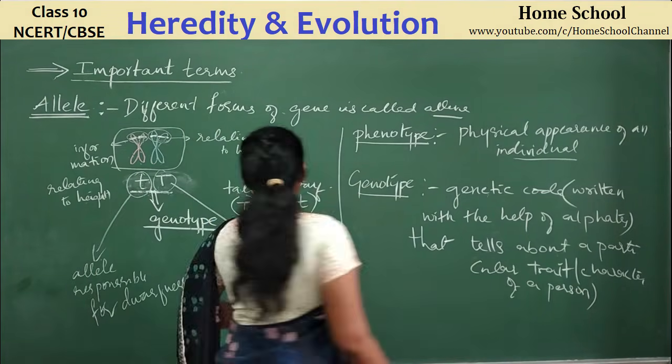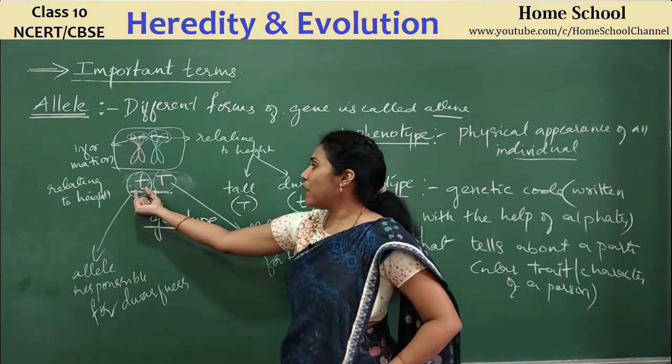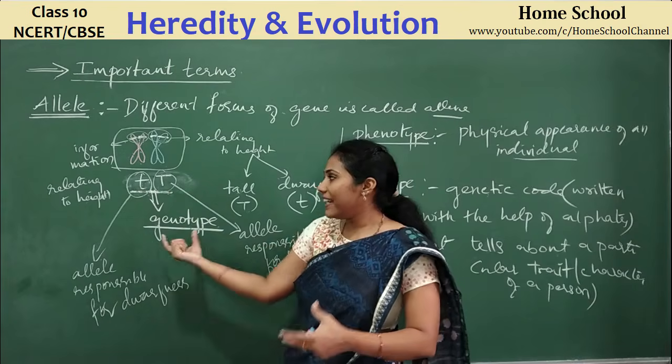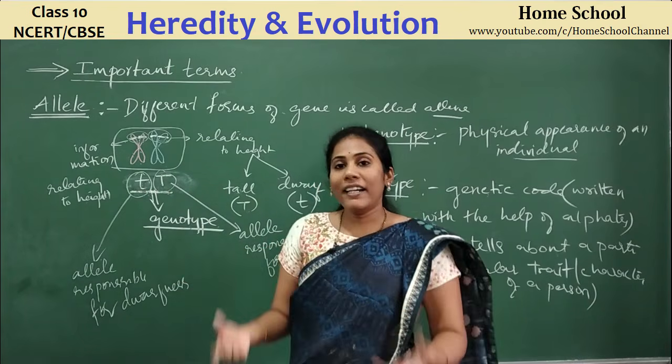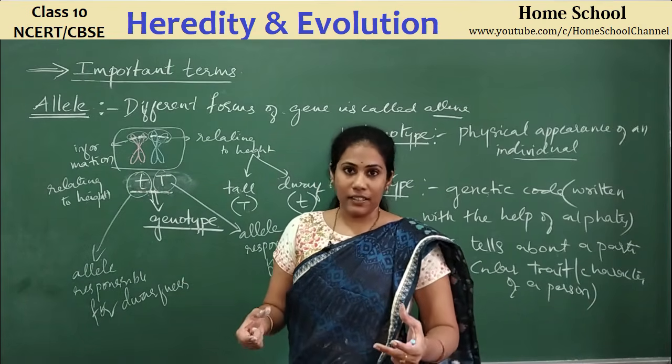Say, for example, looking at the code capital T, small t, you can tell whether a person will be a taller one or a shorter one, right?